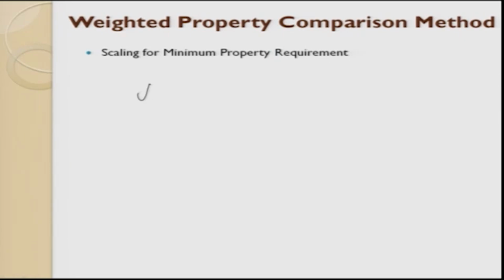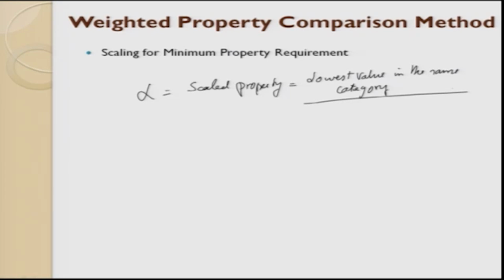Minimum property is again alpha, the scaled property, which is nothing but the lowest value in the same category divided by the highest value in the same category.